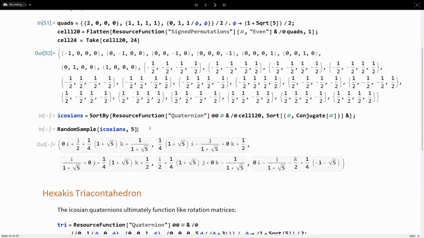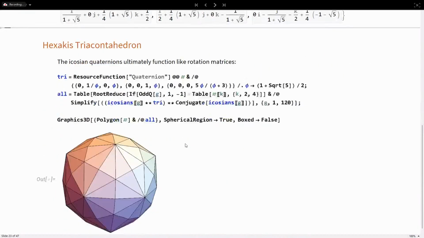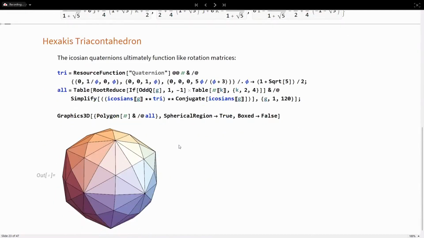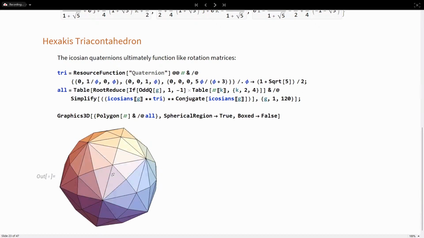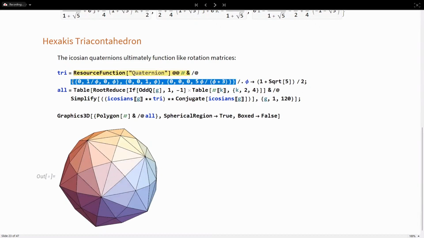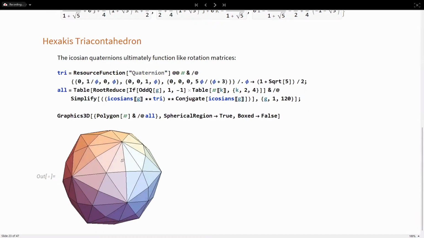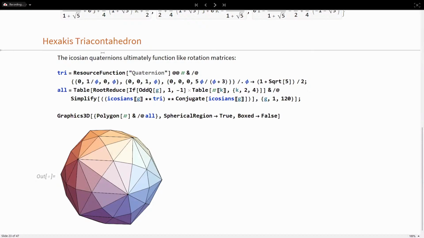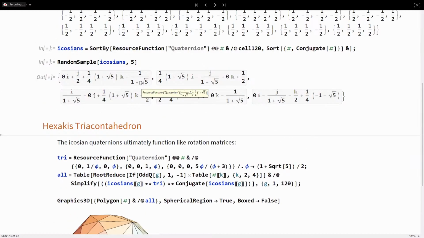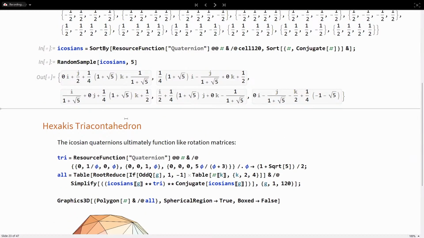And here's a random sample of these quaternions. And once you've got the 120 quaternions, we can just build things like the hexecontahedron based on one polygon. These icosians also work as rotation matrices in the space of quaternions.